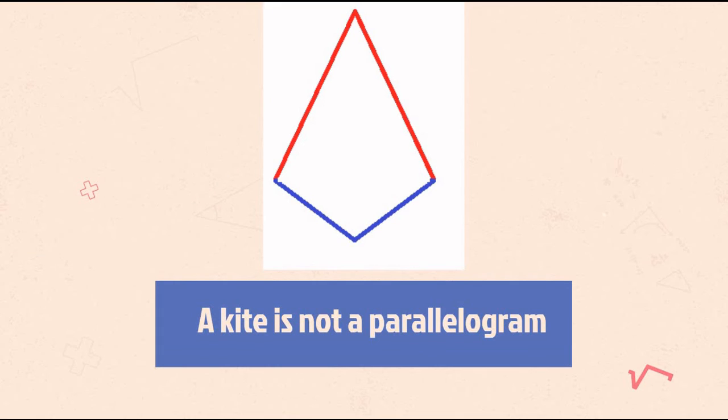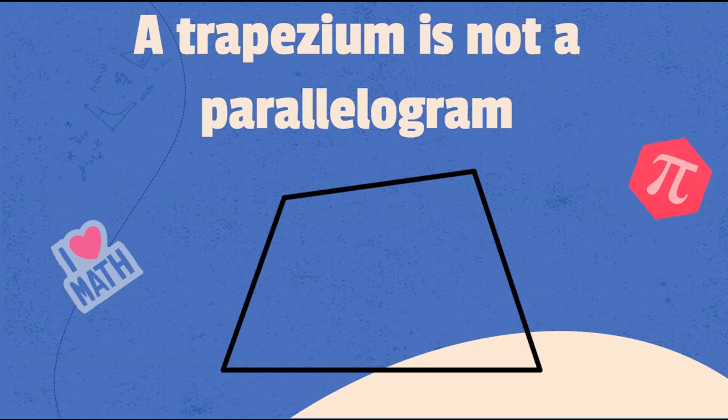And then a trapezium is not a parallelogram. You can ask why? The answer is that only one pair of opposite sides is parallel in a trapezium and we require both pairs to be parallel in a parallelogram. So we cannot call this a parallelogram.